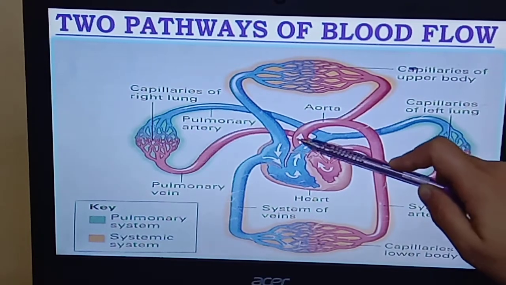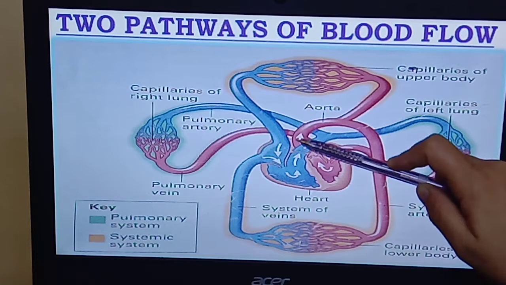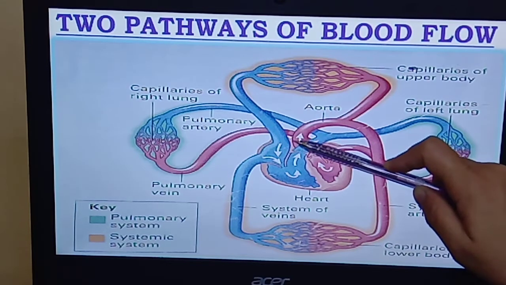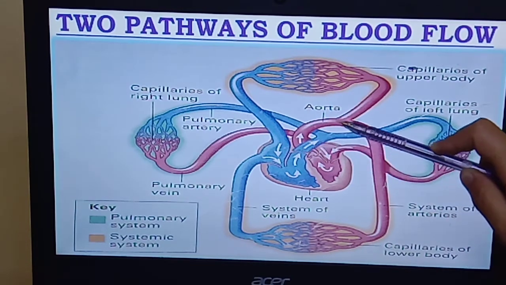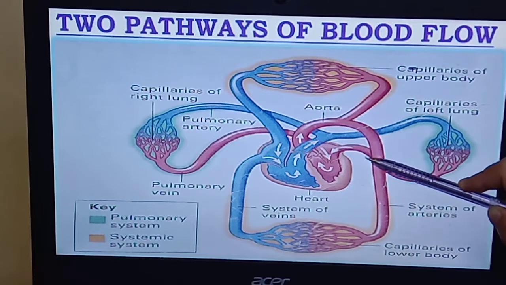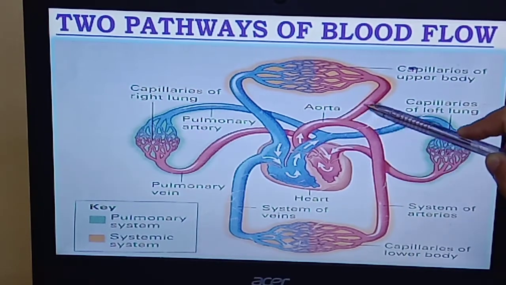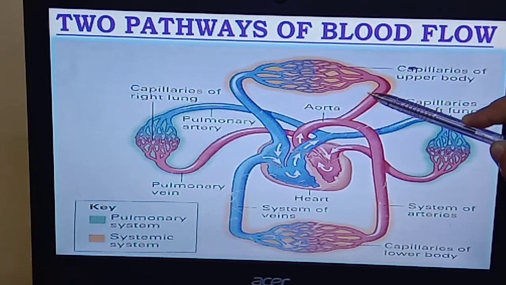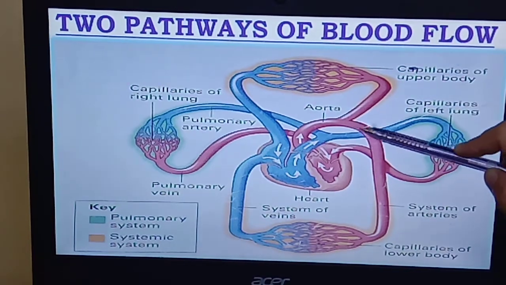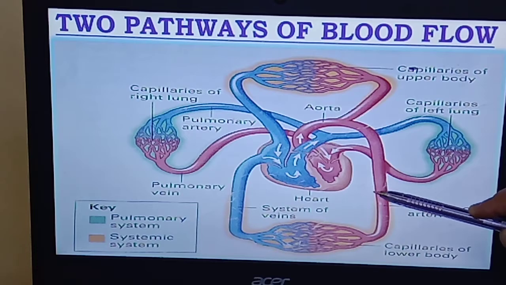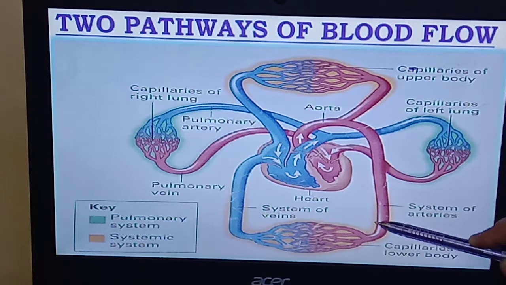From the aorta, oxygen-rich blood travels through the branching arteries of the upper body capillaries and lower body capillaries.